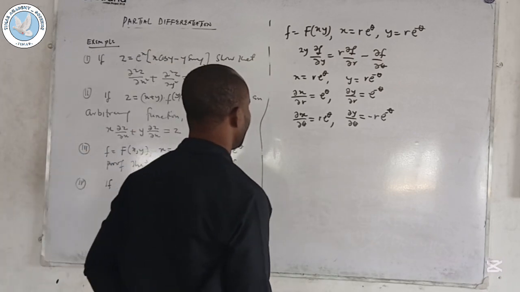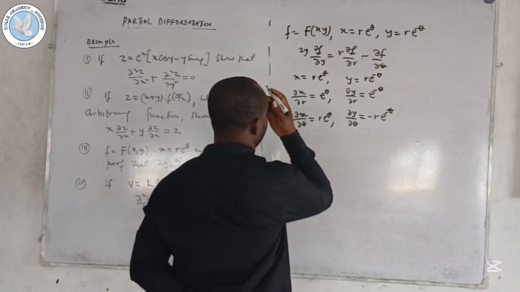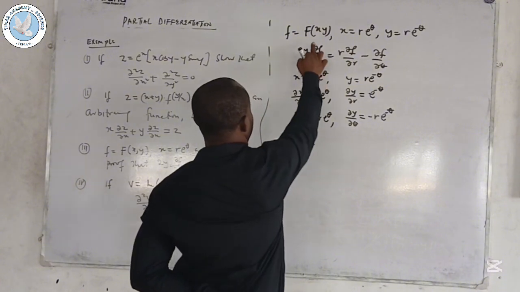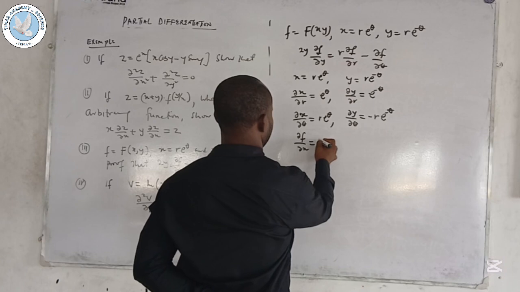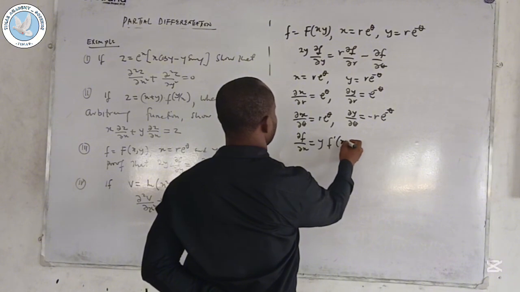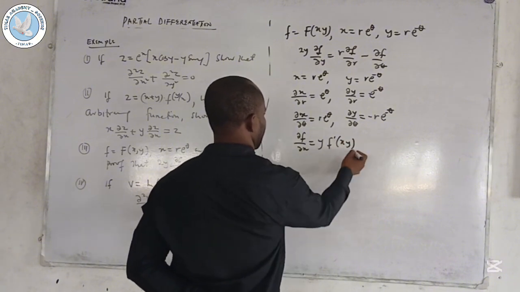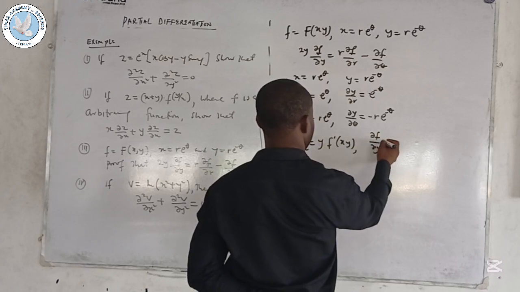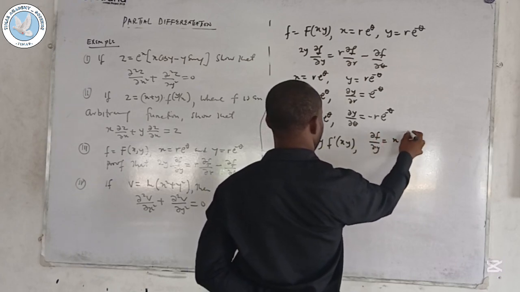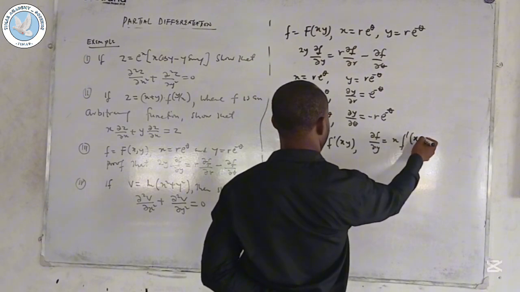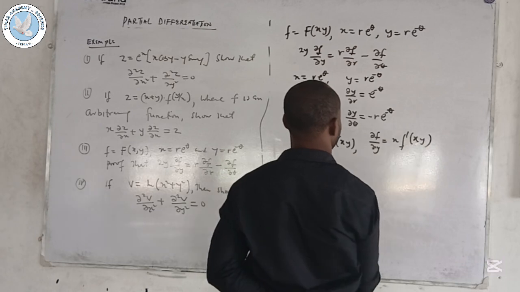So we should also take note that our dy dx from here is y and y, and we have it. Also this is y and we have it. We have this.